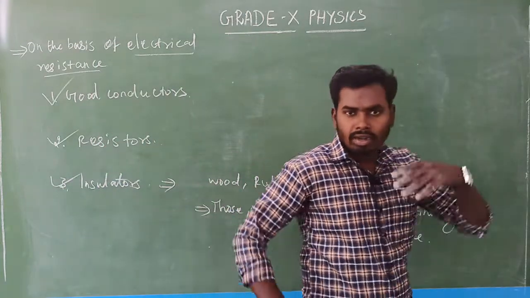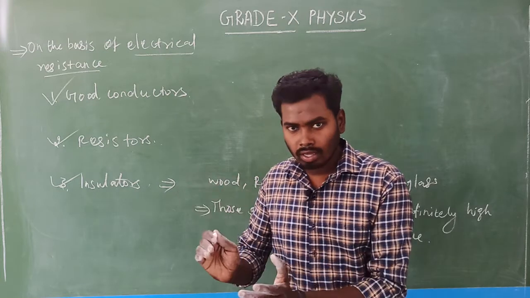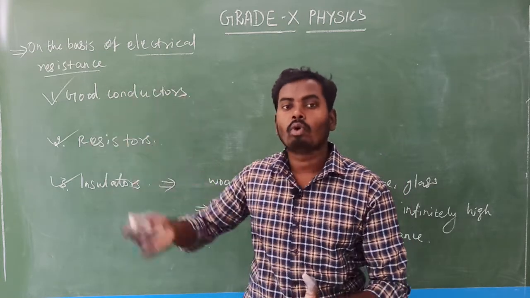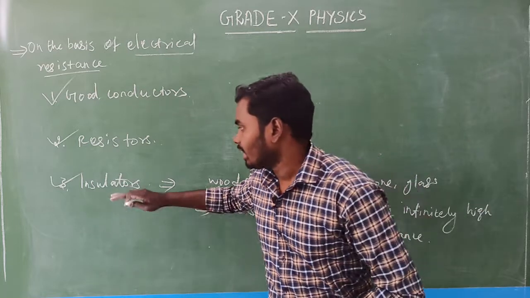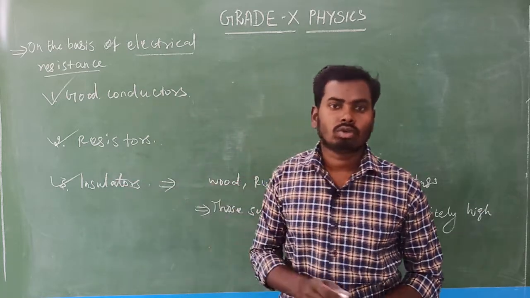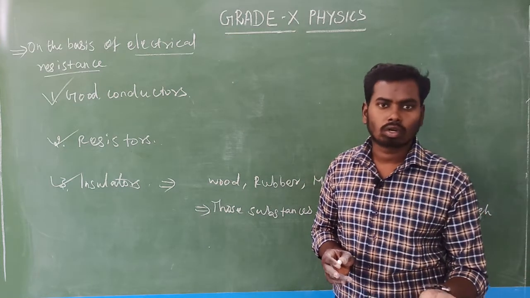So in glass, mica, rubber, the resistance value is infinite. That is the reason why they never allow the current to pass through them. That's all, students. Very easy one. Is there any doubt? No doubt at all.